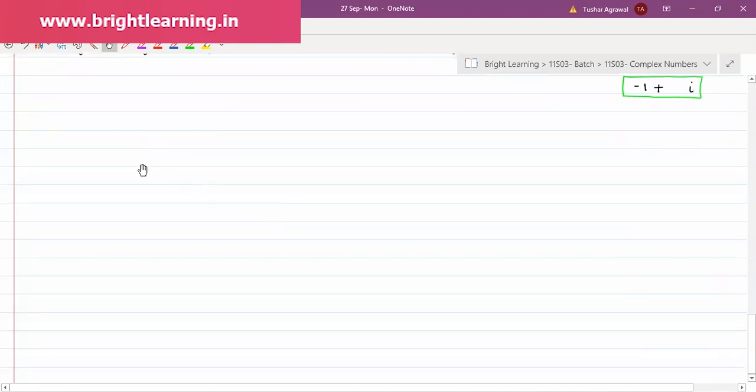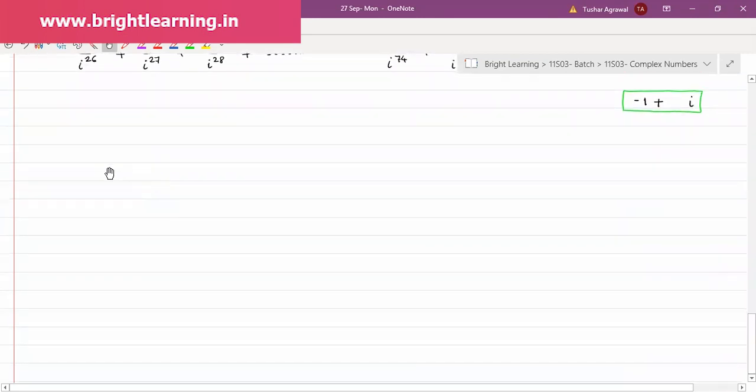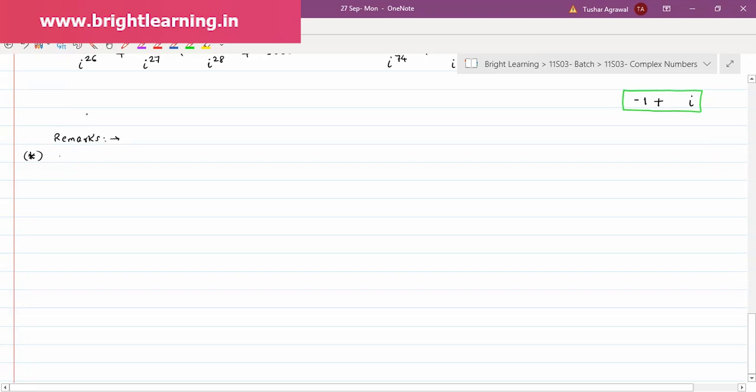some definitions while solving equations. I have told you some remarks. We all know that 3 square is equal to 9 and minus 3 whole square is also equal to 9. Nothing new in it. But when I ask you what this symbol is, this symbol is specifically reserved for the positive value only, 3.